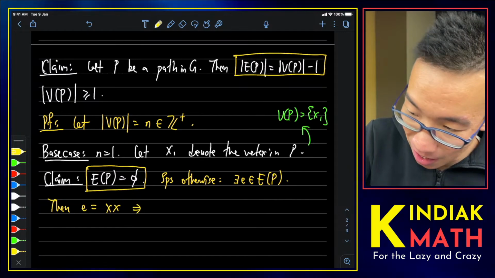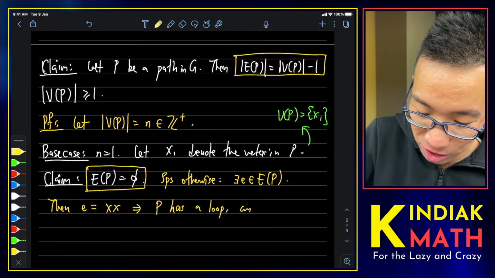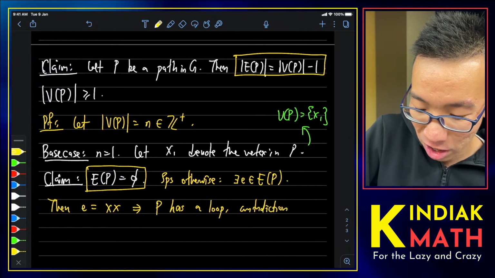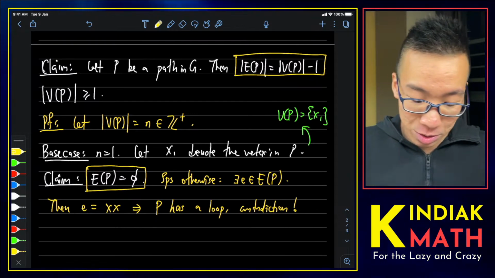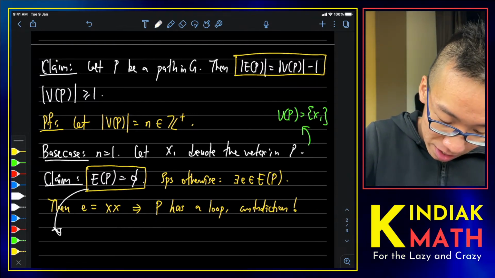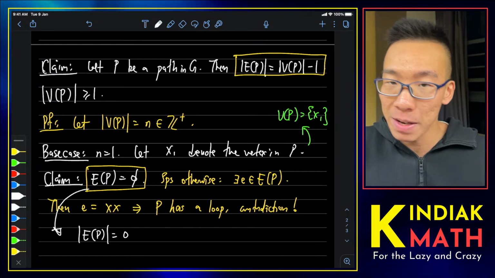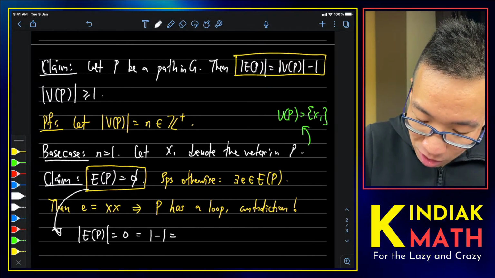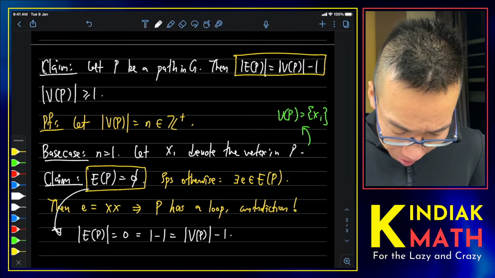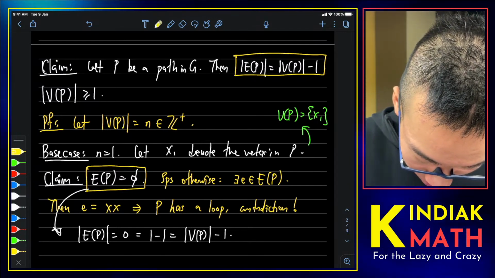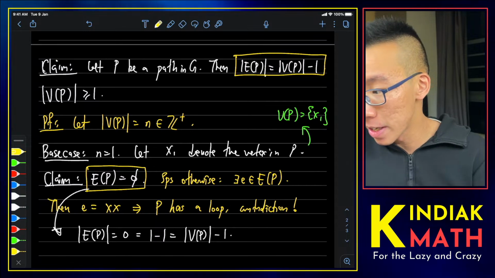But that tells us P has a loop, which is a contradiction. So therefore, the path has no edges, which tells us it has 0 edges, and that equals 1 minus 1, the number of vertices minus 1. So that establishes the base case.